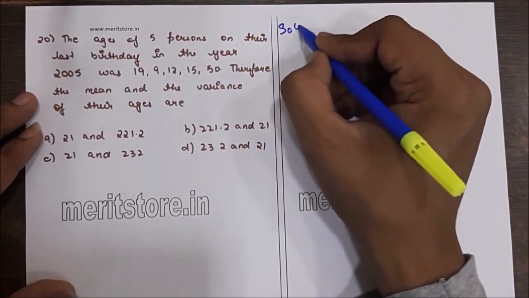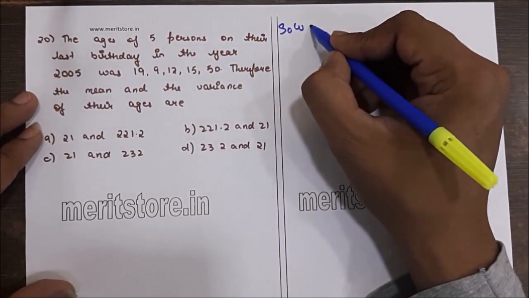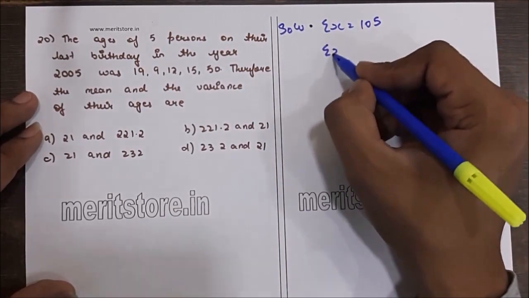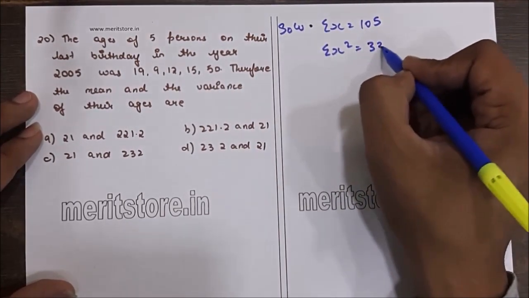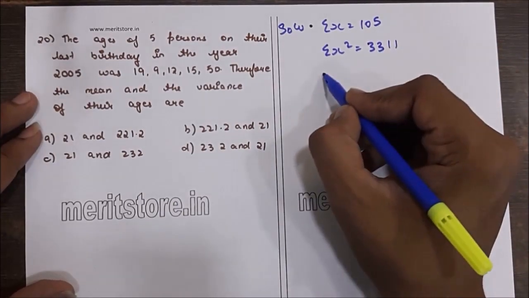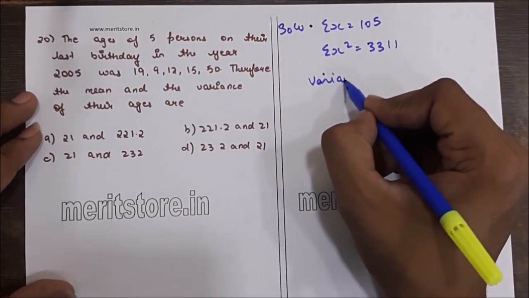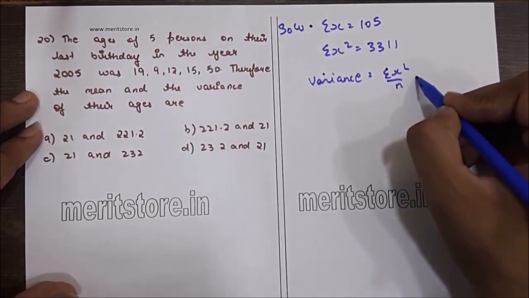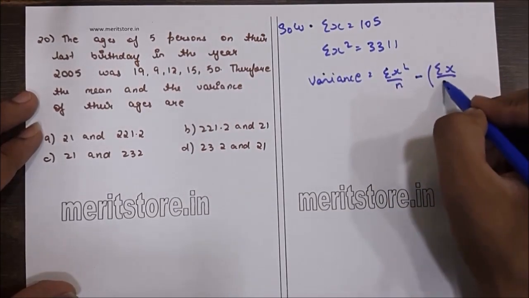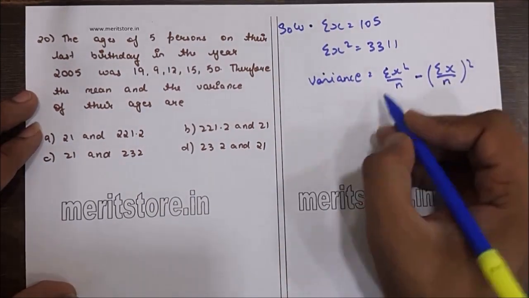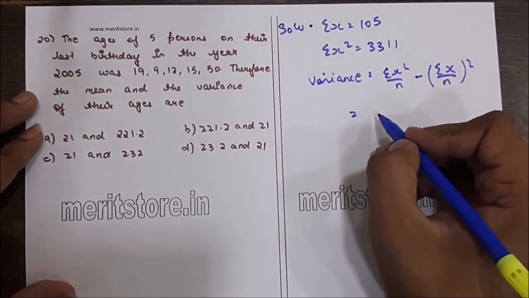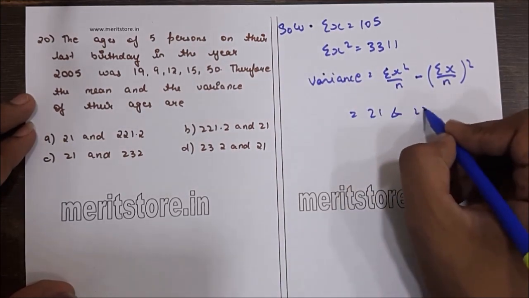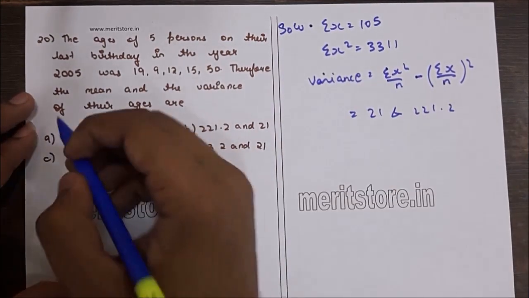Therefore, the solution is summation x is equal to 105, summation x square is equal to 3311. Therefore, variance is equal to summation x square upon n minus summation x upon n the whole square. By substituting the values, we get as the answer 21 and 221.2. So option A is correct.